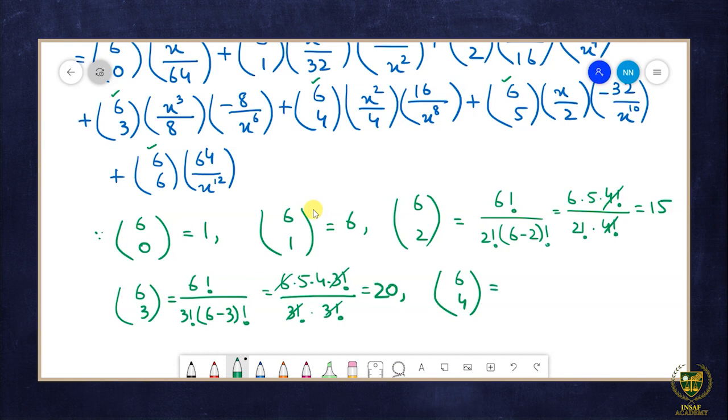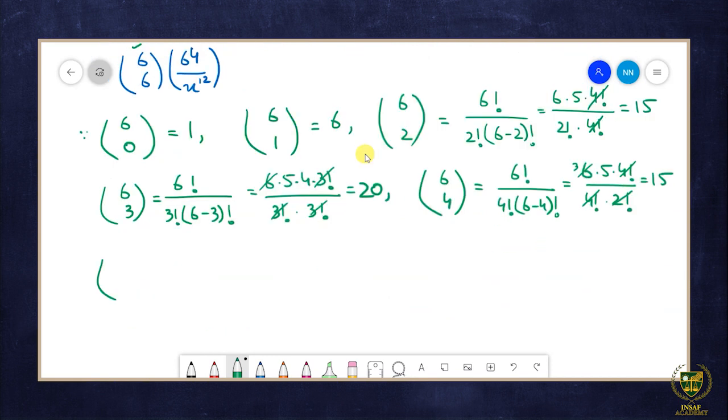6c4 is equal to 6 factorial over 4 factorial into (6 minus 4) factorial. This is equal to 6 into 5 into 4 factorial over 4 factorial into 2 factorial. 4 factorial cancels with 4 factorial. 2 factorial is 2, so here 3 comes, and 3 into 5 is 15. 6c5 is equal to 6 factorial over 5 factorial into (6 minus 5) factorial.